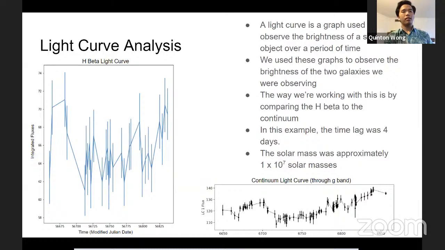We calculate the time lag, which is 4 days, and then we run that through Python, and we get the mass for my galaxy, LC272, which is approximately 1 times 10 to the 7th solar masses. A solar mass is just another unit of measurement. It's approximately equal to 2 times 10 to the 30th kilograms.